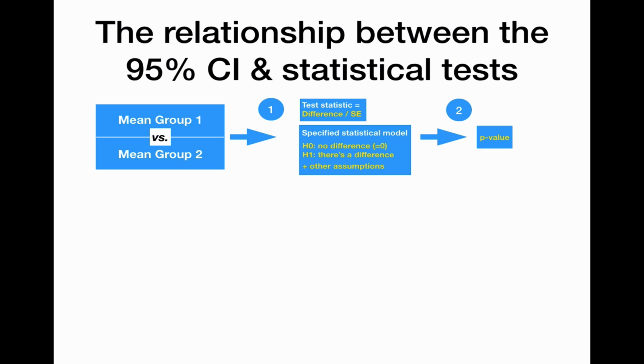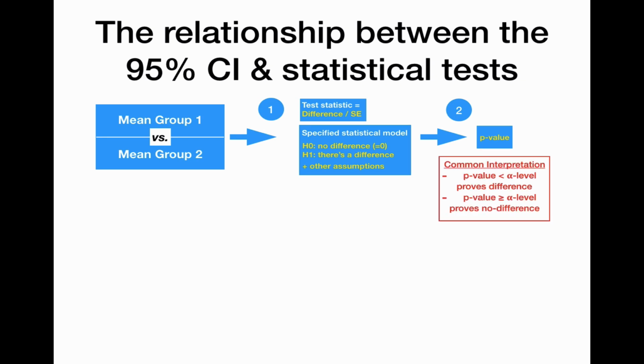And that p-value, unfortunately, is receiving a wrong interpretation by many scientists. They think that if the p-value is lower than the pre-specified alpha level, then that proves a difference, because the alpha level is the false positive rate that we accept in a study.